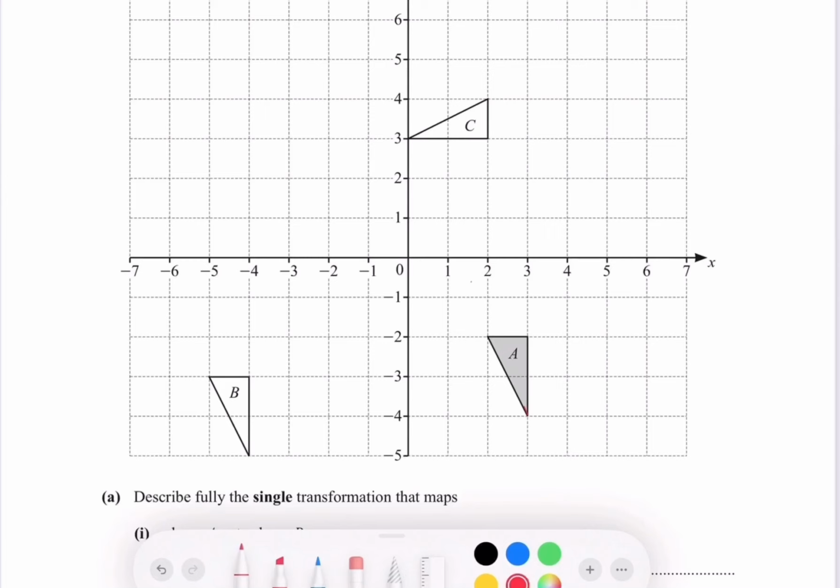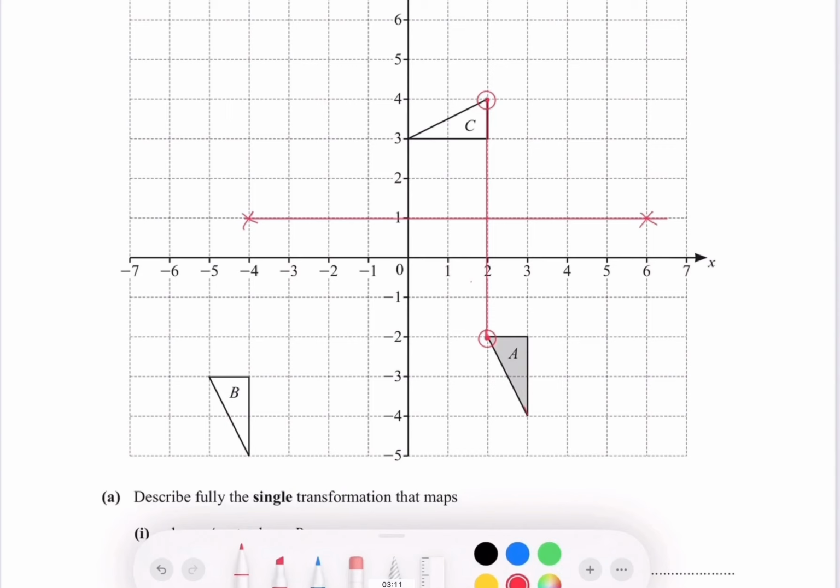First of all, find its center of rotation. Join any two corresponding corners of the triangles. Take this one, and its corresponding point on C, which I have circled, join them and draw its perpendicular bisector.